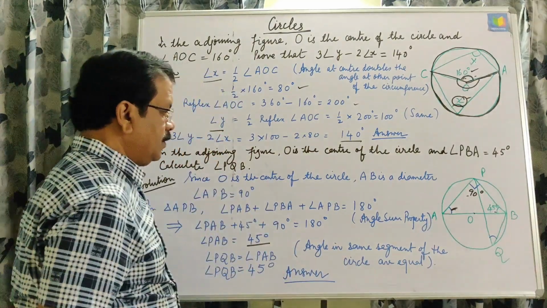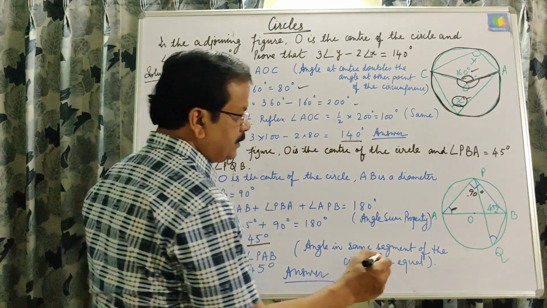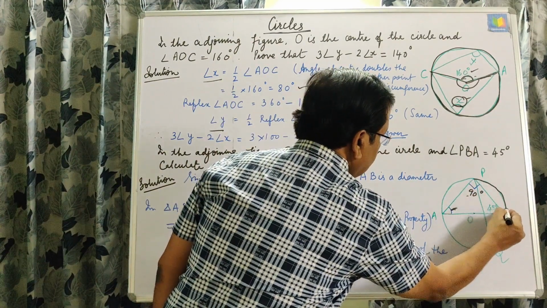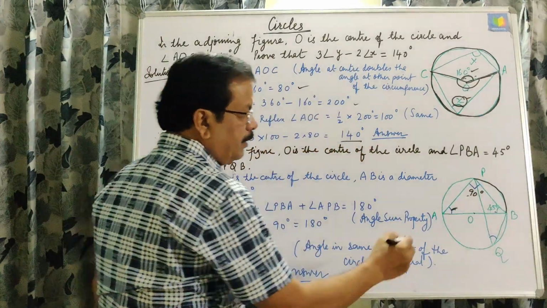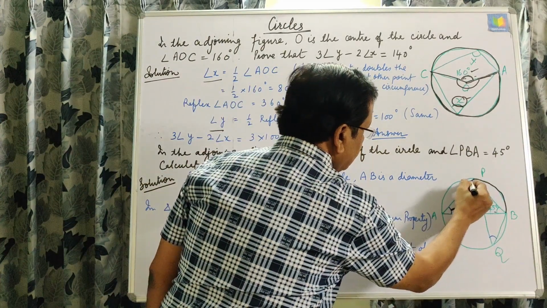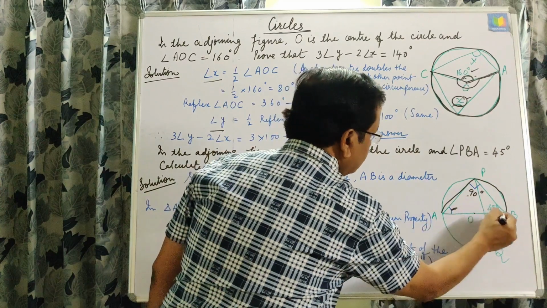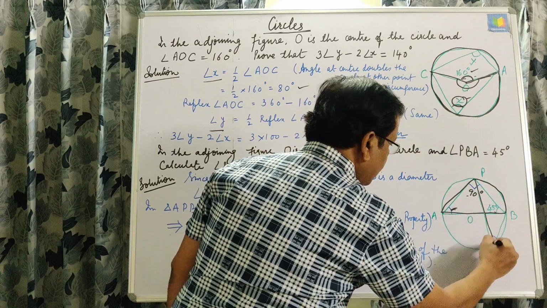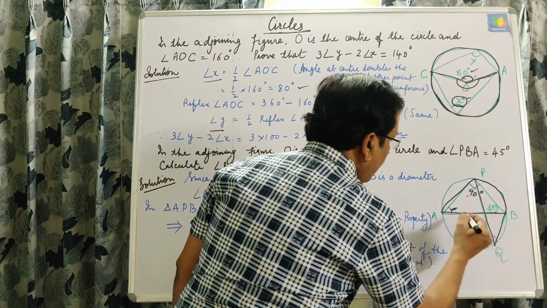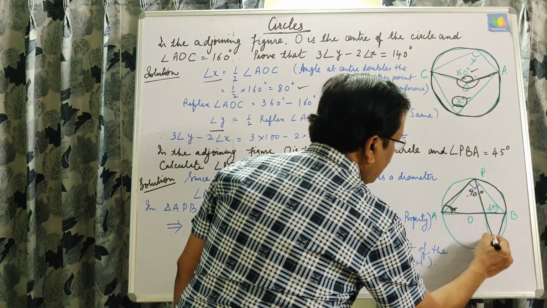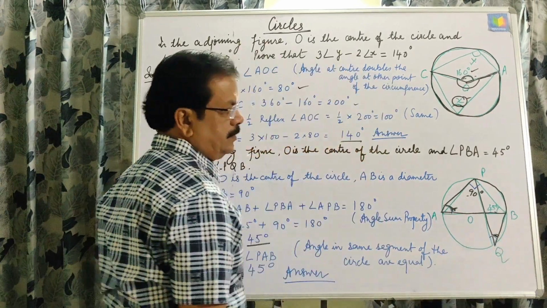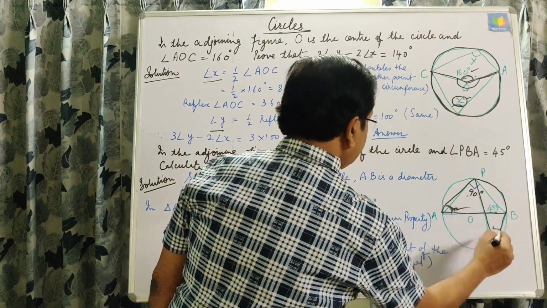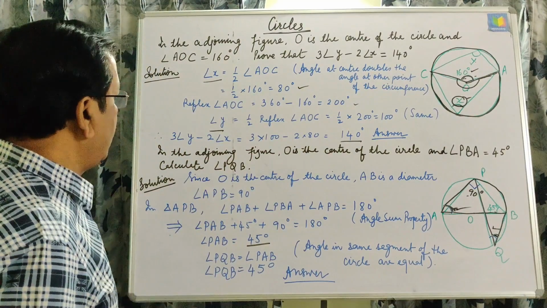This angle we are getting 45 degrees. But once we select the arc, say this arc, whatever angle this arc is making here is the same as the angle the arc is making here, and it means both the angles are in the same segment of the circle, and if this is 45 degrees, then this angle will also be 45 degrees.